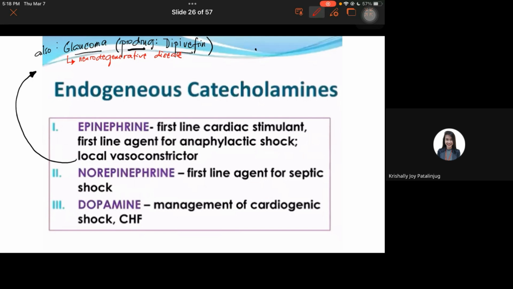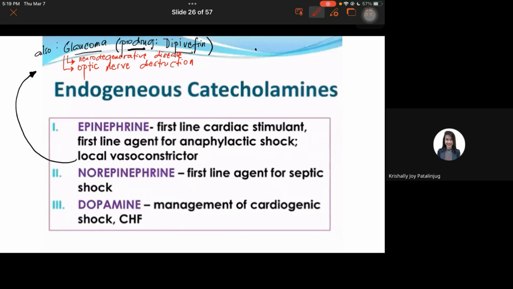So merong sensory nerve sa mata, ga-carry siya og impulses from the eyes towards the brain, yun yung may problema. Okay? So kumbaga there is destruction, damage of, correct, that is optic nerve. Yan yung sensory nerve. Siya yung nagdadala ng sensory impulses from the eyes towards the brain. Okay? Neuron siya. It's a nerve. Okay? So may destruction of it.